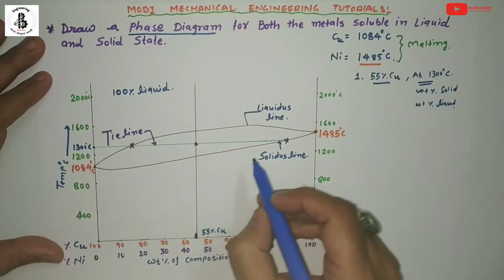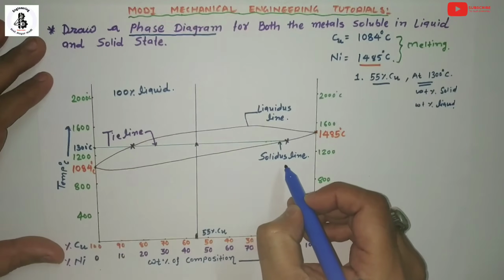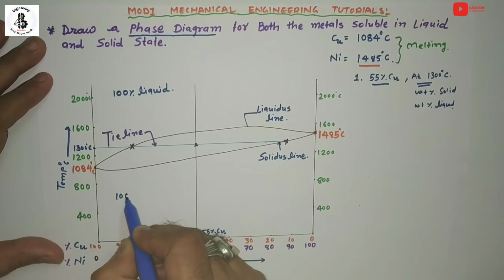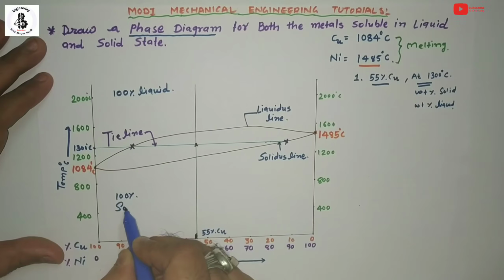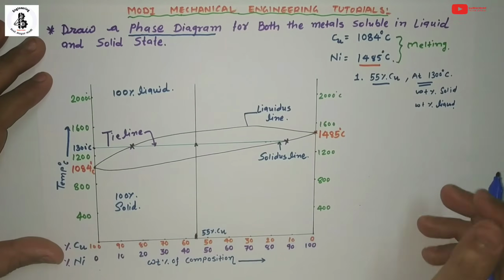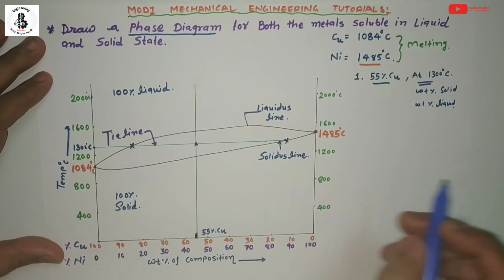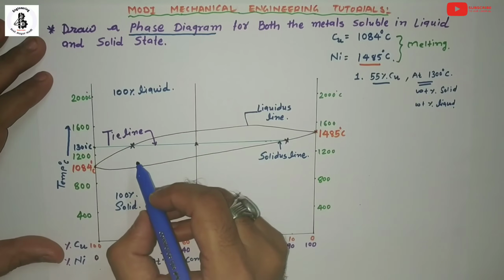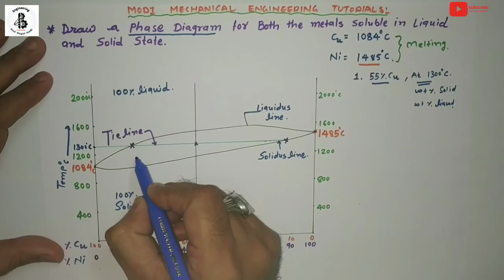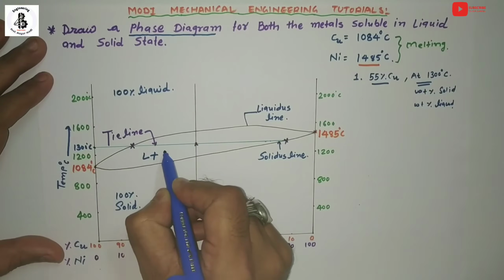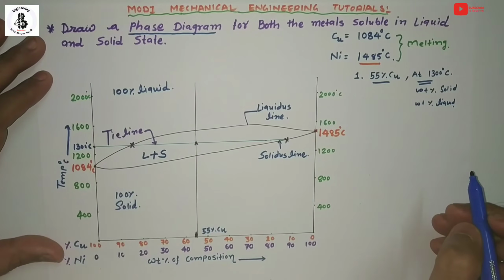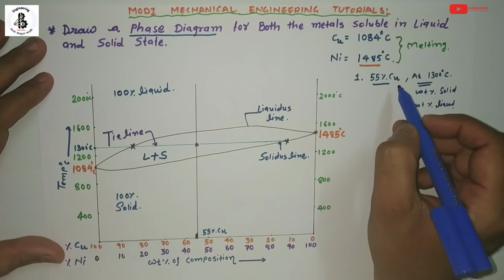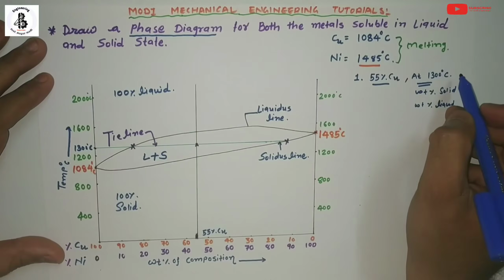And similarly, the portion below the solidus line will act as 100% solid of copper and nickel. In between the liquidus line and solidus line, that will be represented as a liquid plus solid phase. So here that will be case number 1, for 55% of copper at around 1300 degrees centigrade.